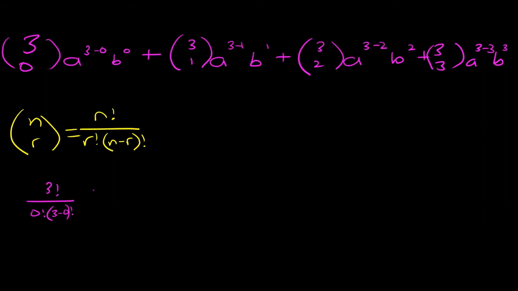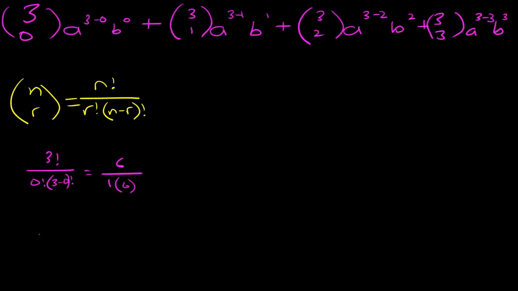Well, 3 factorial is 6, 0 factorial is 1, and 3 minus 0 factorial is just 3 factorial again, which is 6. Meaning 3 choose 0 is just 1. So you have 1 times a to the power 3 minus 0, which is just a to the power 3, times b to the power 0, which is just 1.